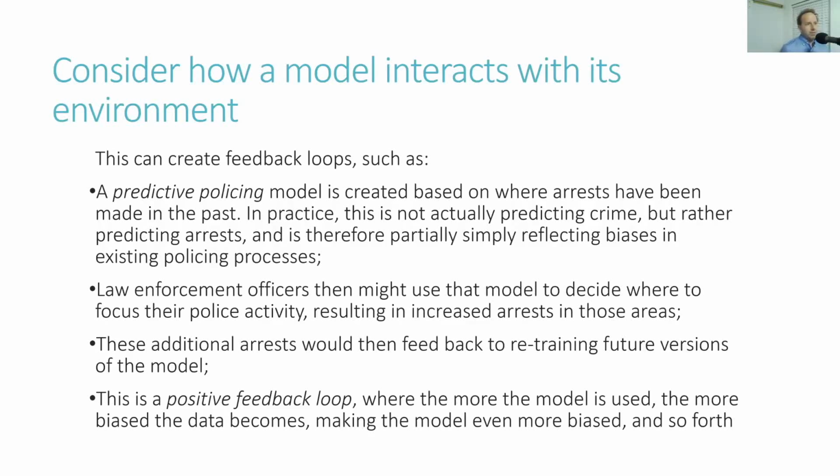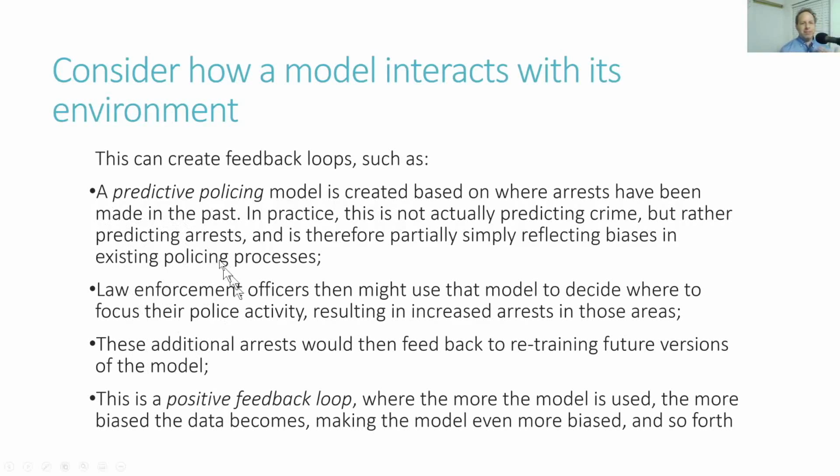So if you start with biased data and you build a predictive policing model, its prediction will say, oh, you will find somebody you can arrest here, based on some biased data. So then law enforcement officers might decide to focus their police activity on the areas where those predictions are happening, as a result of which they'll find more people to arrest. And then they'll put that back into the model, which will now find, oh, there's even more people we should be arresting in the black neighborhoods, and thus it continues.